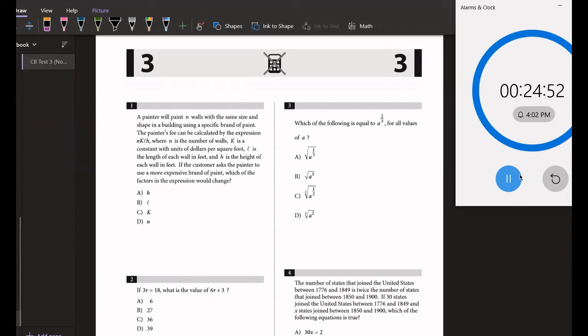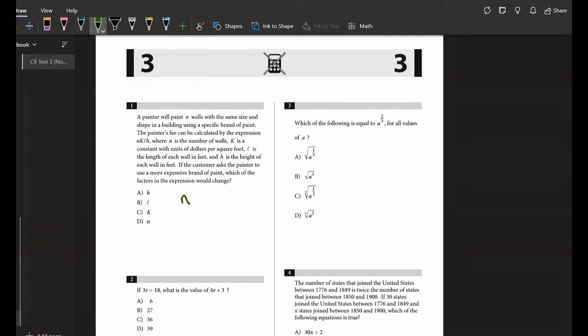So the first question is regarding a painter who is going to paint n walls. They are of the same size. The expression is given as NKLH, where n is the number of walls, which you already know.